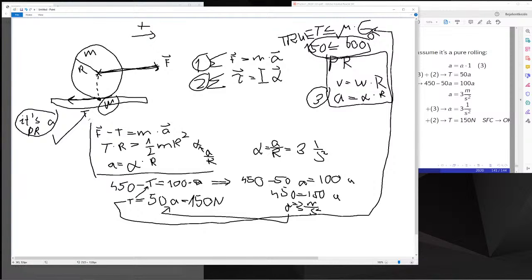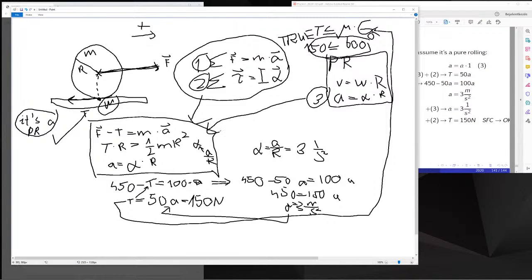You have to be able to write these equations from the dynamical equations of motion of the rigid body plus from the condition of pure rolling, by assuming this is pure rolling. If you can solve it, you should double check whether it's really pure rolling, and if yes, these are the results: A equals 3, alpha 3, T equals 150 Newtons, and in that case you solve it.